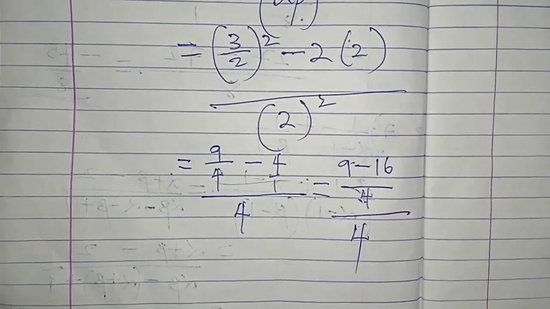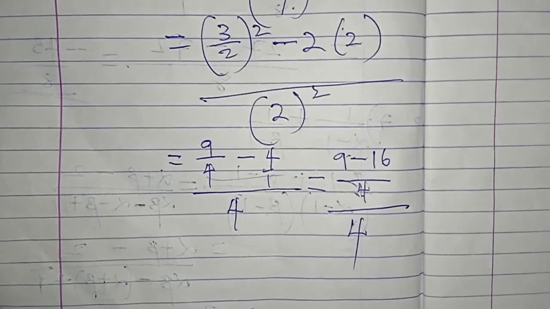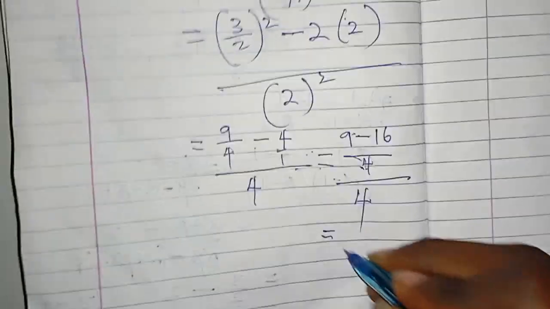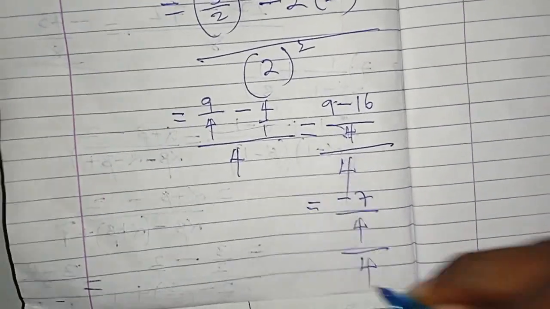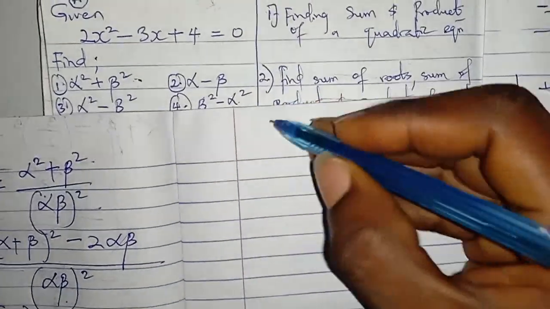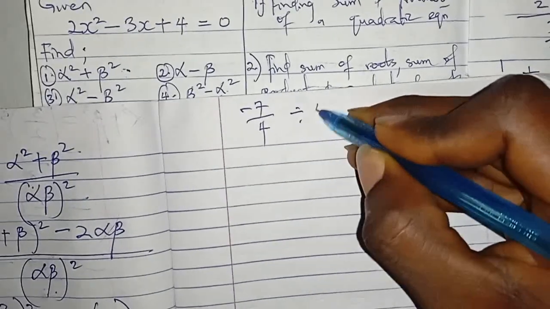So 9 minus 16 is minus 7. So minus 7 over 4 all over 4. And this should give me minus 7 over 4 divided by 4.